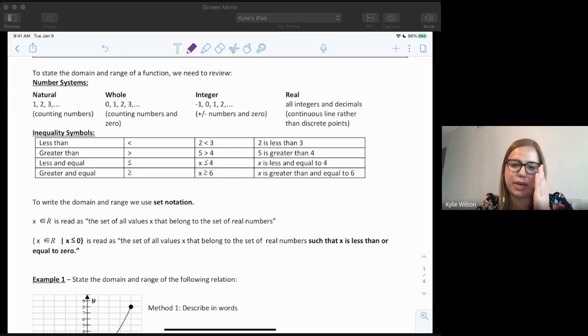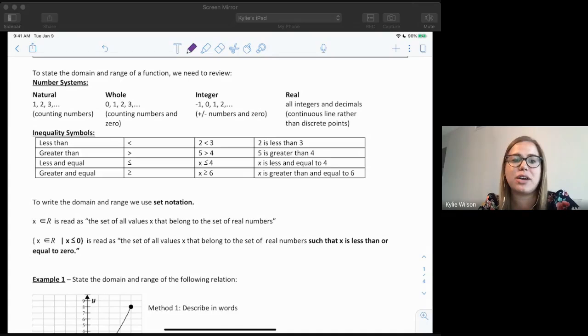And finally, we have all of our real numbers. This includes all integers, all decimals in between. So instead of having individual points that count, we have everything in between. I could have 1.5, I could have 1.0002. Everything in between is included in my real numbers.